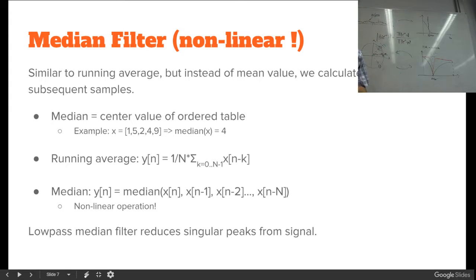Okay, and this median filter is widely used in image processing, since in images you have dead pixels or similar kinds of things. It has some good properties. It works on some occasions. However, this is a highly non-linear system, which means that it's a totally non-deterministic system.